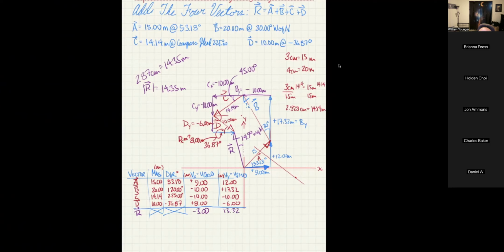Like that. Now all I got to do is draw an x and y axis. And now I've got to do the opposite of resolving a vector into components. I've got to take components and put them together. What I have is an x component that is negative and very short, so I'm going to say that's negative 3.00. And then I got a y component that's big and positive.